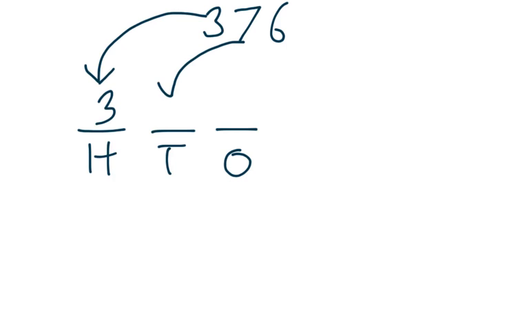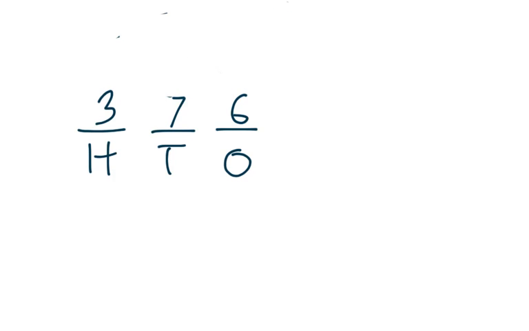If we look at just regular place value, we have the ones place, the tens place, and the hundreds place. So if we have a number like 376, there are 3 hundreds, 7 tens, and 6 ones. So our number is 376.